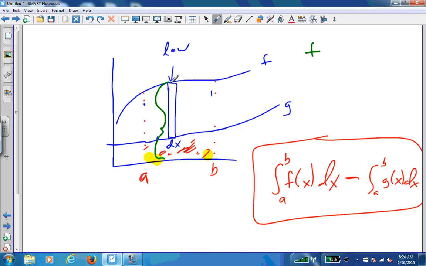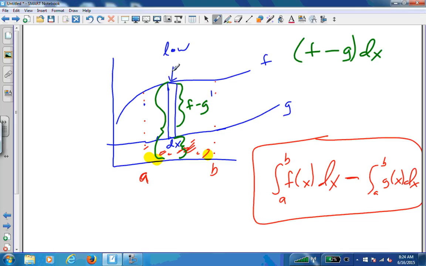But that's longer than our sample element. It's this much too long, so we would take away that distance, and that distance is given by g. G is the distance from the x-axis up to that function. So the length of our sample element is f minus g. The width of it is dx.